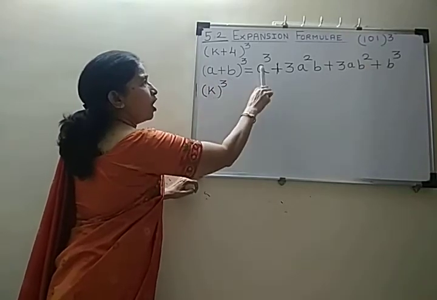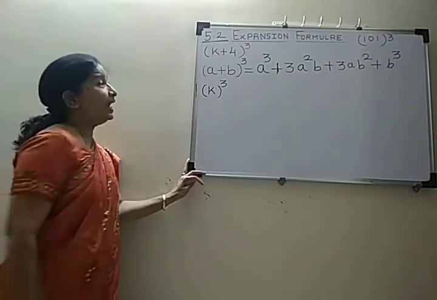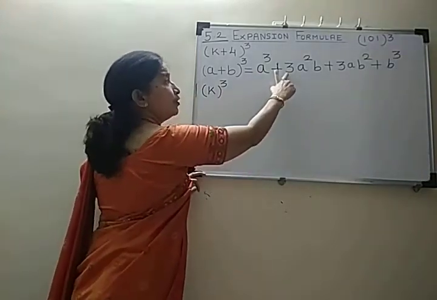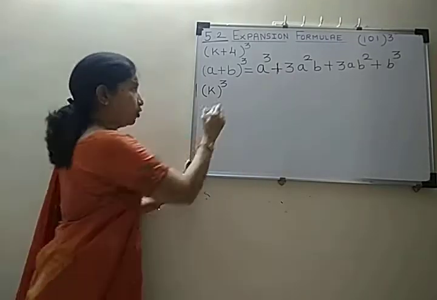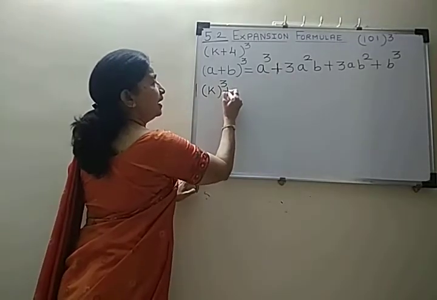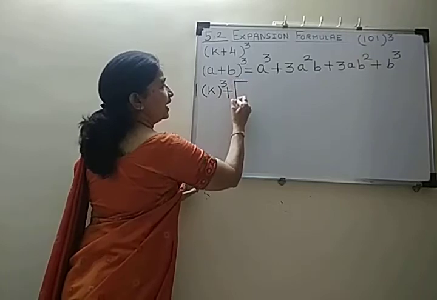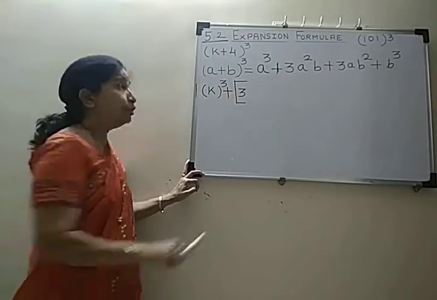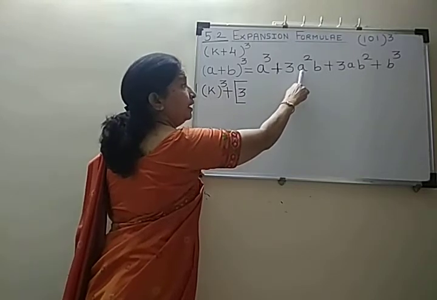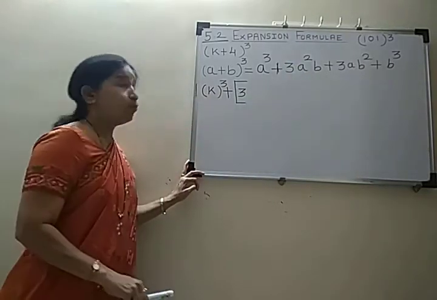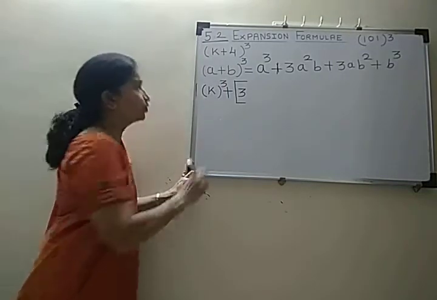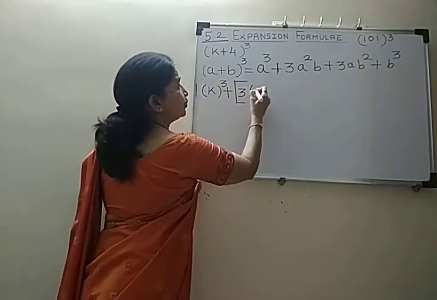Okay, you got the first term. Then, what about the second term? They have taken 3. So plus I will take 3 into what? Into they have taken a square. What is our a? That is k. So, k square.